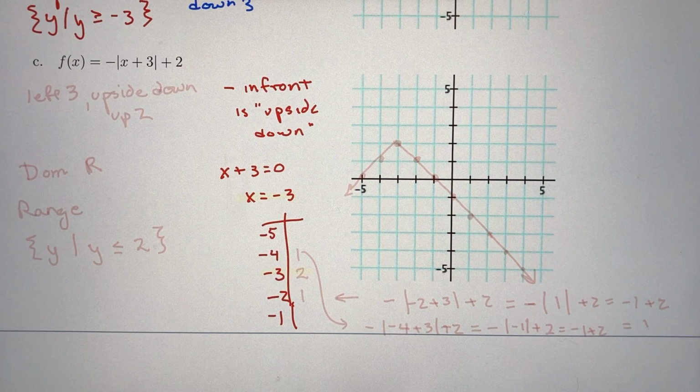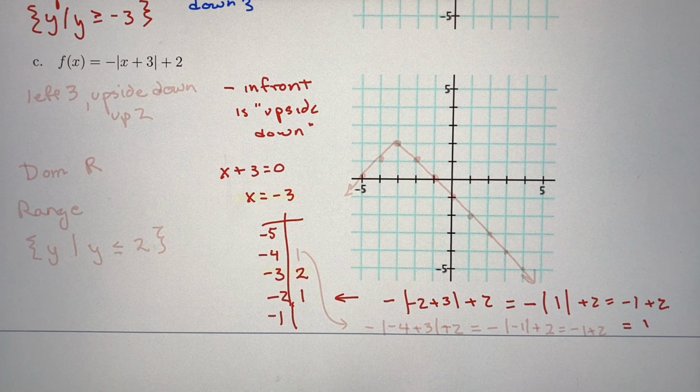If I plug in -3, I have absolute value of 0 is still 0, -0 is still 0, up 2, so plus 2. Absolute value of -2, let me just write one down. Negative in front. Don't deal with the negative until you've simplified what's inside the absolute value. -2 plus 3 is 1.